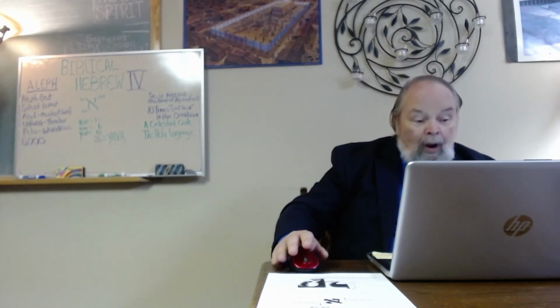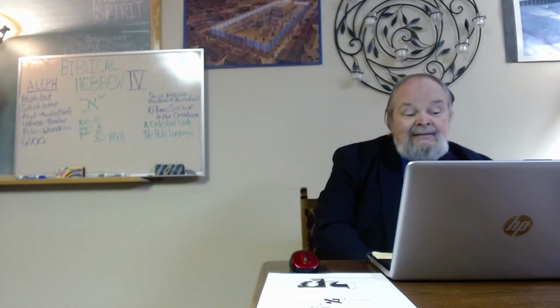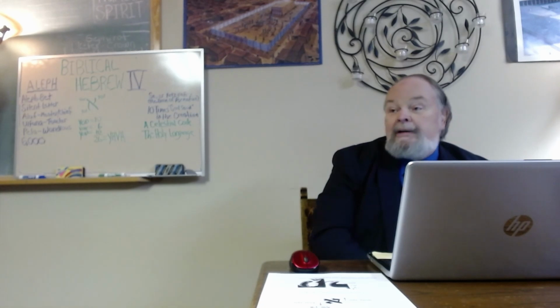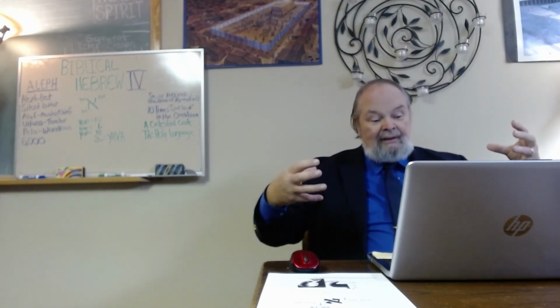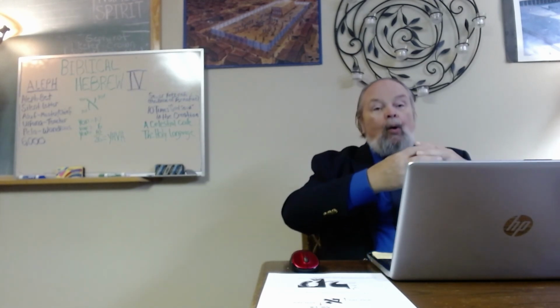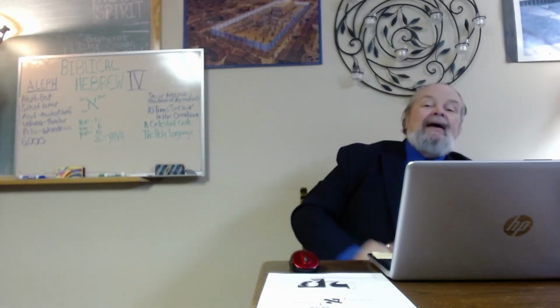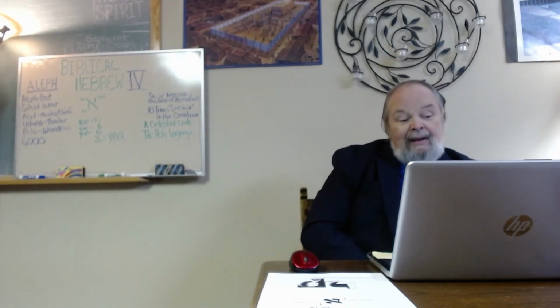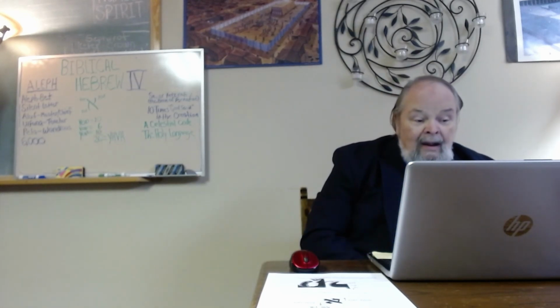Aleph is one, but it's made up of four parts. One is symbolic of God. God is the only one. Oneness is in every aspect. He is three in one, but he is one. The four parts equal the creation of the world, or the creative works of God.